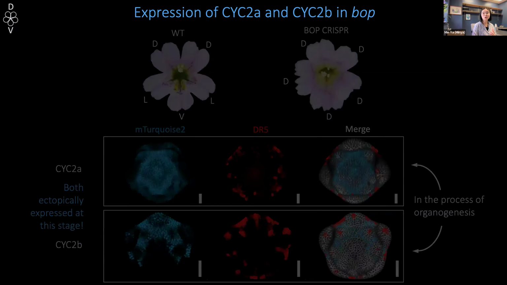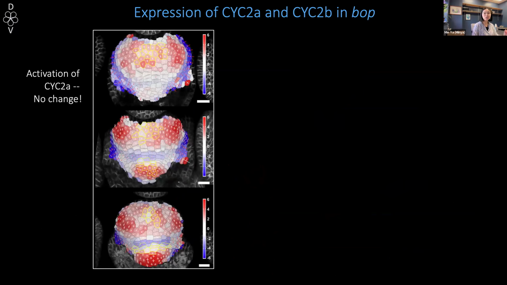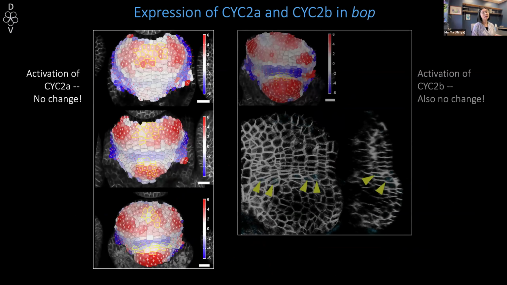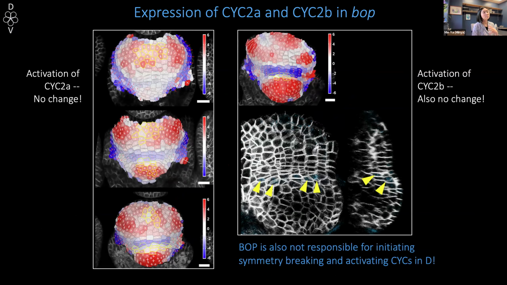Well, the short answer is nope. The initiation of 2A is in the same early pattern, as is 2B, just starting out in just a few cells by the boundary region at comparable stages. In other words, BOP is also not responsible for initiating symmetry breaking and activating the cycloidea genes in the dorsal part.